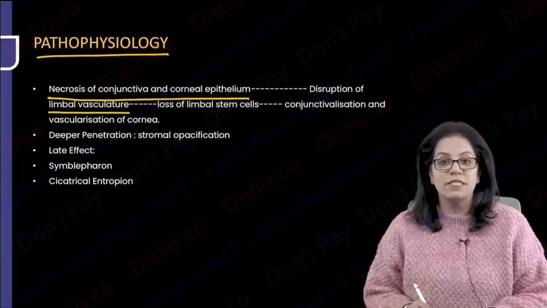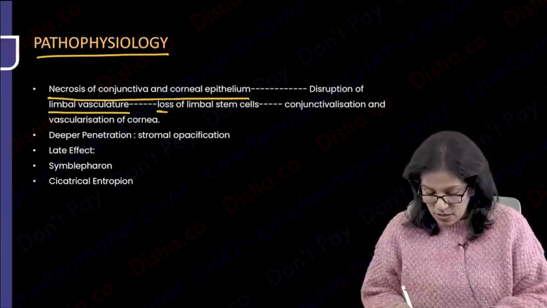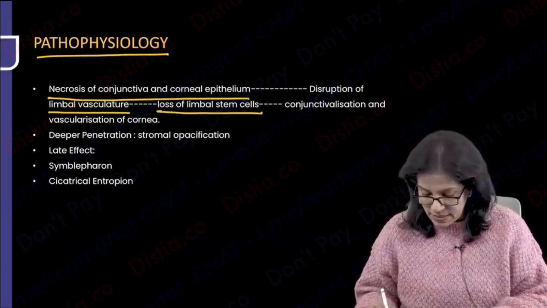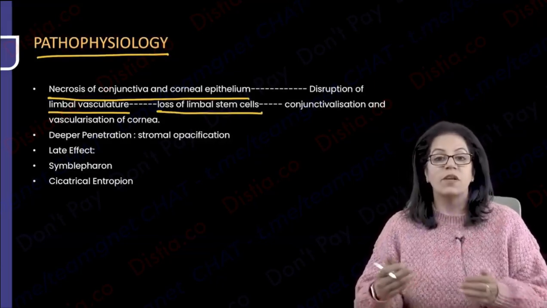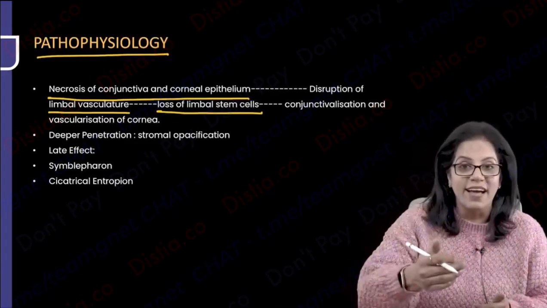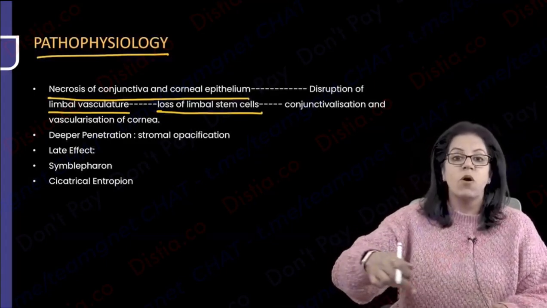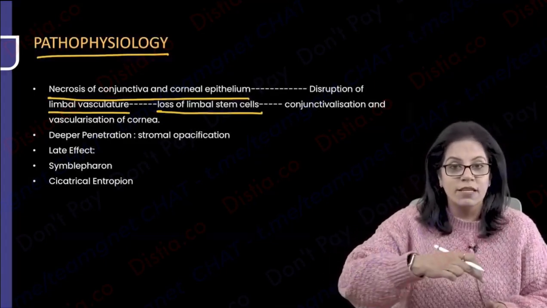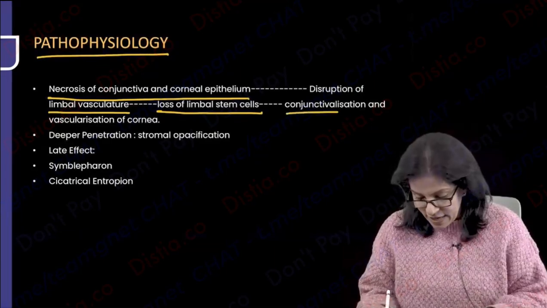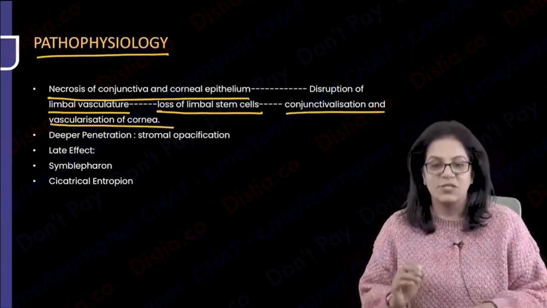When there is limbal vasculature disruption, there is loss of limbal stem cells. You all remember, stem cells are like a boundary, they don't allow conjunctiva to encroach the cornea. But when the stem cells are damaged because of the ischemia at the limbus, what happens? Conjunctivalization and vascularization of the cornea.